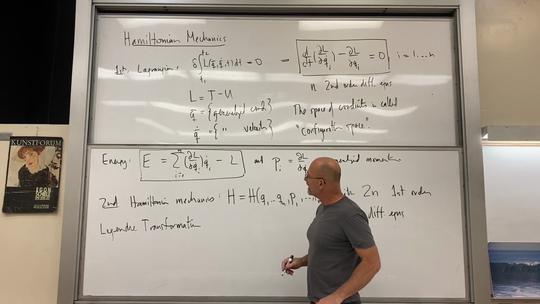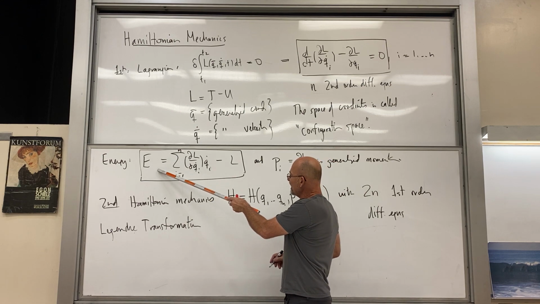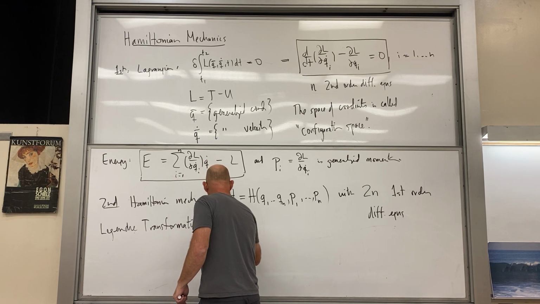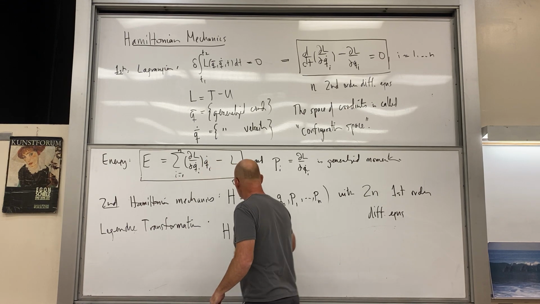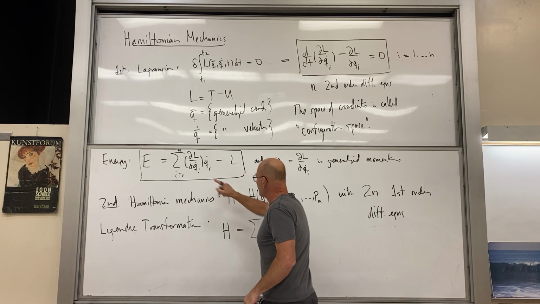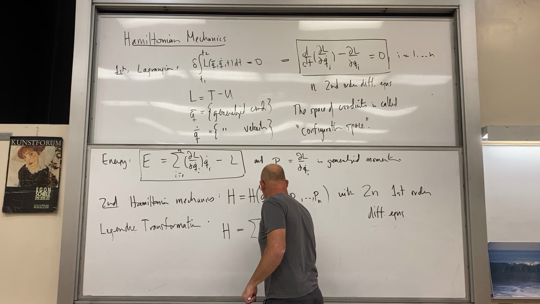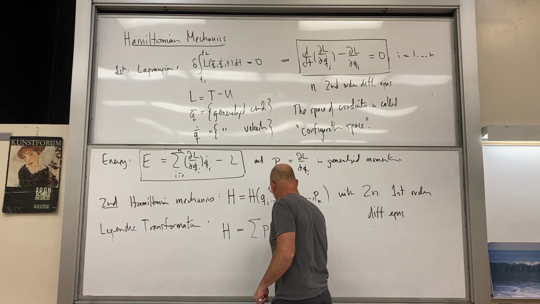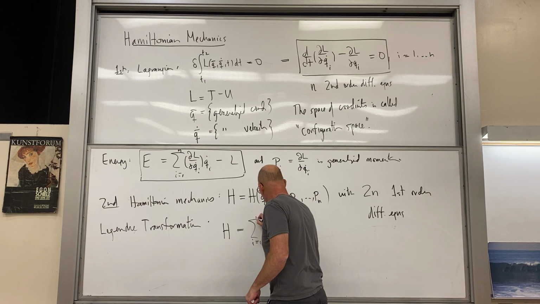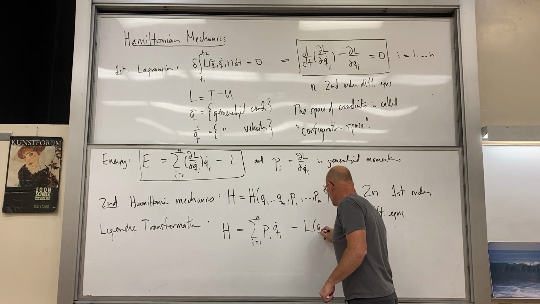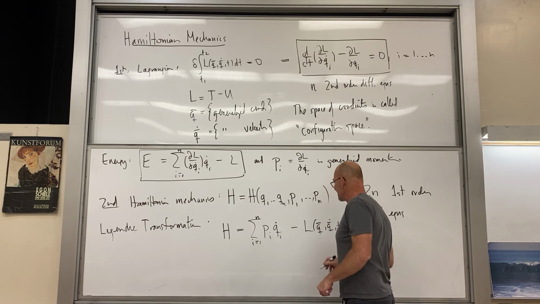And I'm already going to label it H, okay? So we're going to call this H equals the sum over i of p_i q_i dot, i equals 1 to n, minus L of q, q dot, and t.